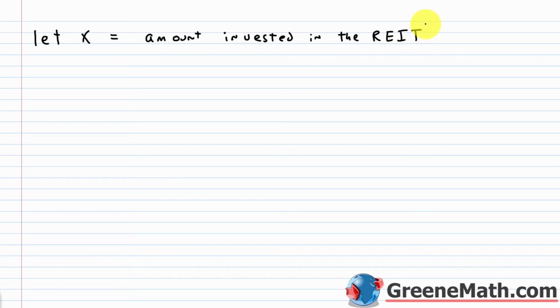Again, that's a real estate investment trust. Then we could say Y would equal the amount invested in the CD or certificate of deposit. Then we could say Z is equal to the amount invested in the bond fund.